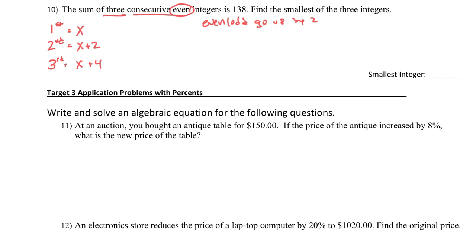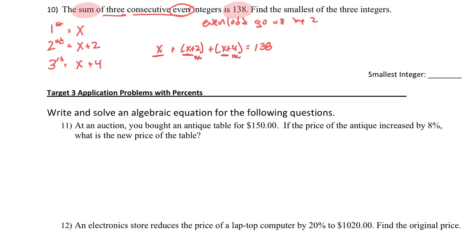So now I can look here and see, oh, I have a sum that's 138. Well, let's write that equation. The first one plus the second one plus the third one has to equal 138. Well, I've got some like terms here. I don't have any distributive properties, so I could just ignore the parentheses.